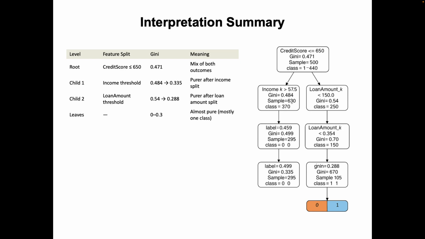This is the income split. It's purer than this one, isn't it? Yes. And then we go further down, and it keeps bringing it down and down and down. And you go to child 2, child 3, you go to the leaves, which give you the Gini closer to 0, right?